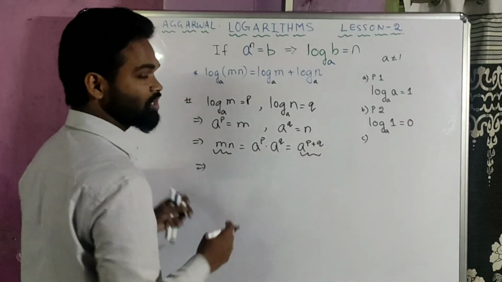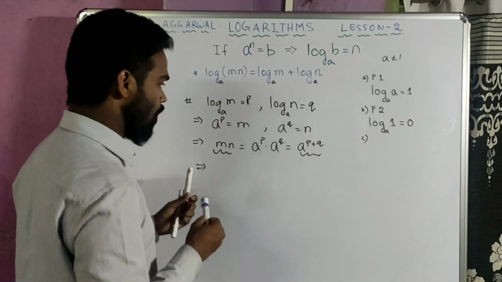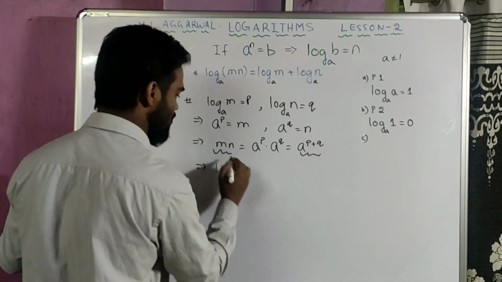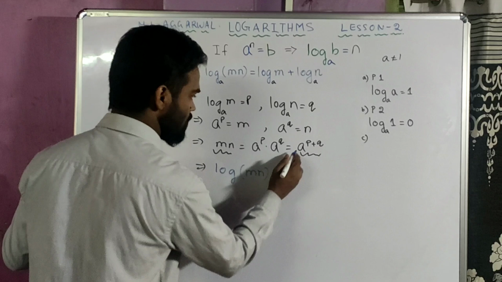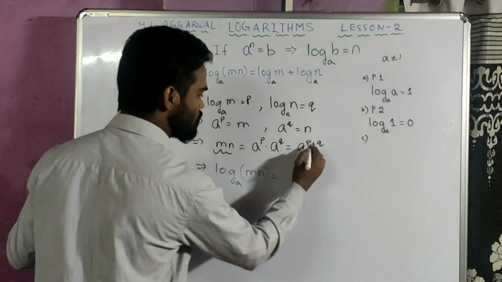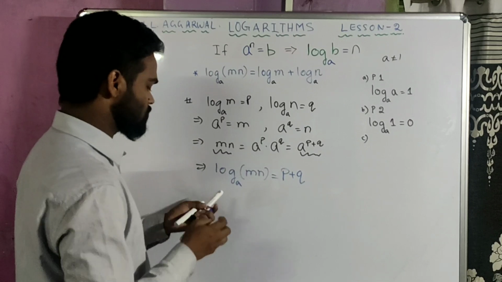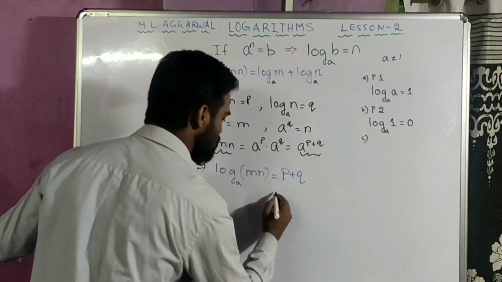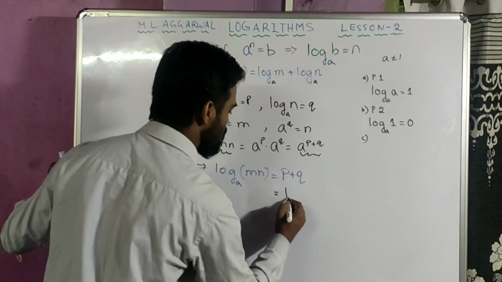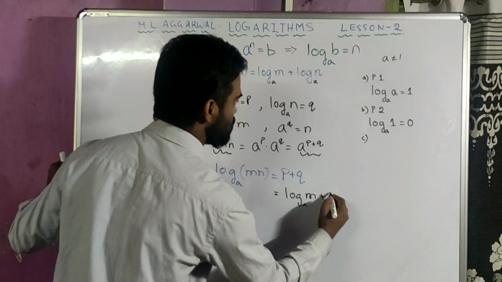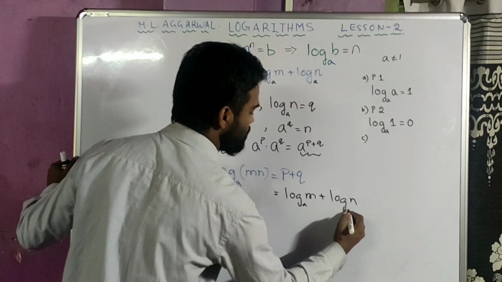Now if you change this exponent in log form, what will you get? Log mn base a equals p plus q, and we know what p plus q is. Your p is log m base a, and q is log n base a.